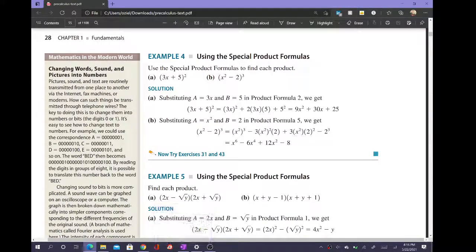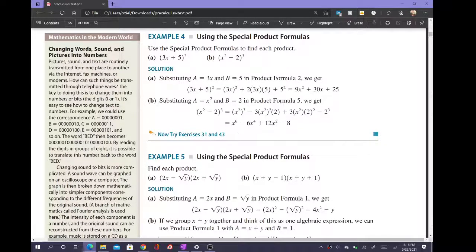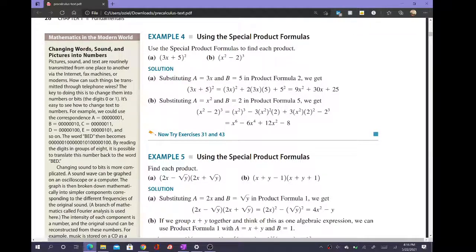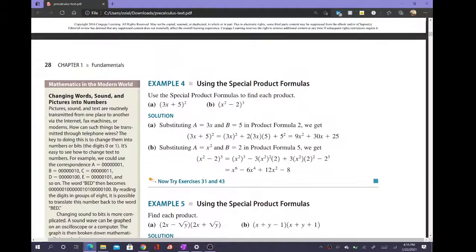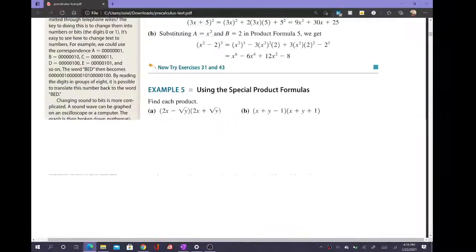But yeah, if you have x squared quantity cubed, of course it'd be x to the 6, and then minus 3x squared quantity squared times 2, and then plus 3x squared times 2 squared minus 2 cubed. So they're just applying these special product formulas for this one.